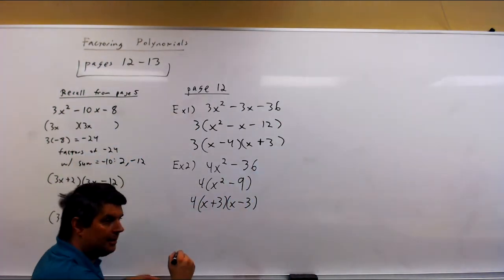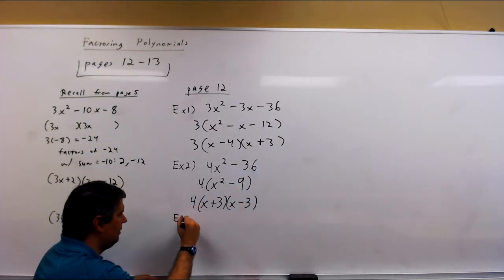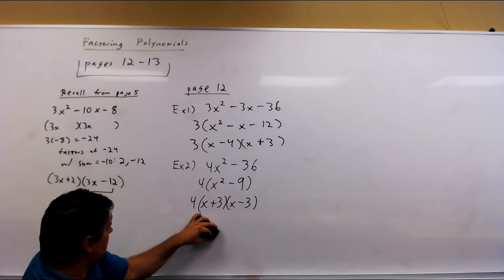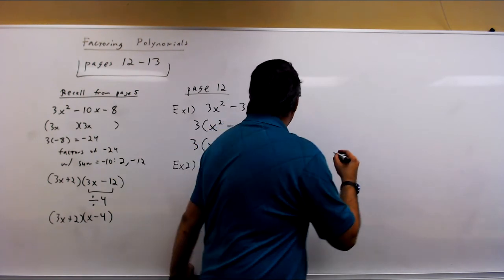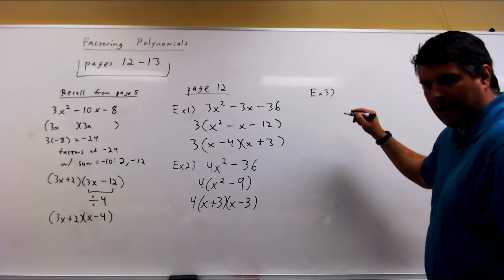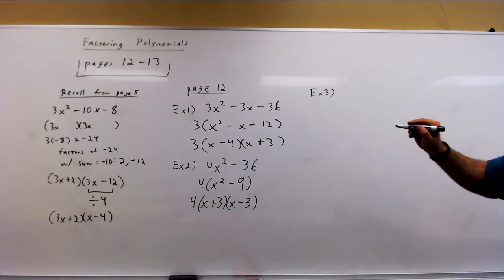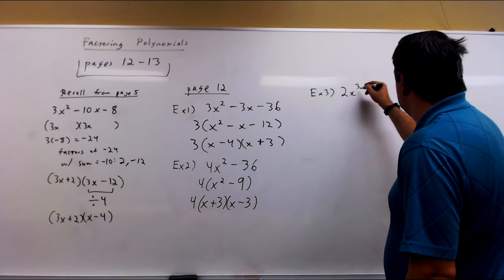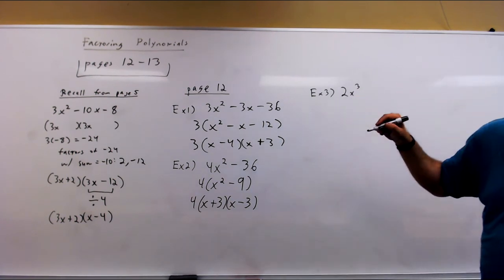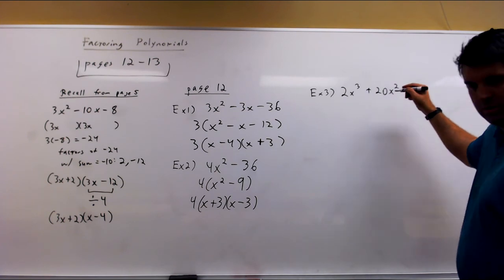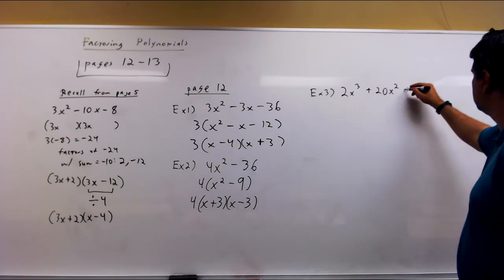All right, example 3. Actually, I'm going to move it up. Example 3, I had 2x cubed plus 20x squared plus 50x.